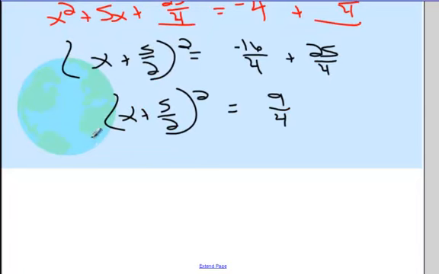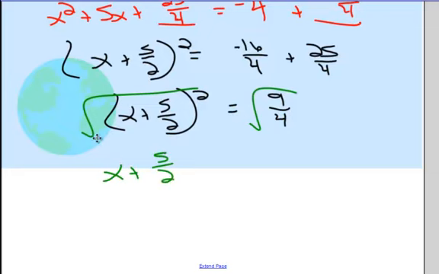Let's take the square root of both sides. So notice what always happens on the left is I get just the binomial, because the square root and the square cancel each other out. This would be plus or minus 3 halves. The square root of 9 is 3, square root of 4 is 2.